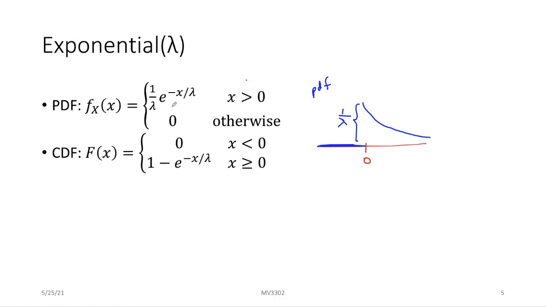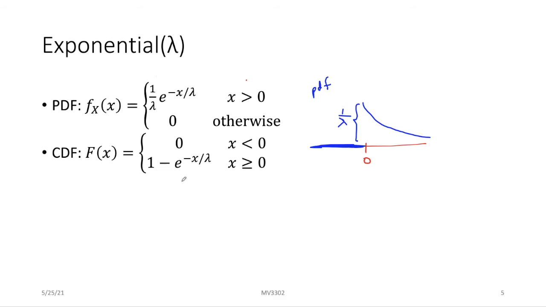And again, the important thing when we're just looking at the mathematical expressions is to understand that this 0 is a key part of it. That is, this expression does not hold for the whole real line. It only holds for values x bigger than 0.